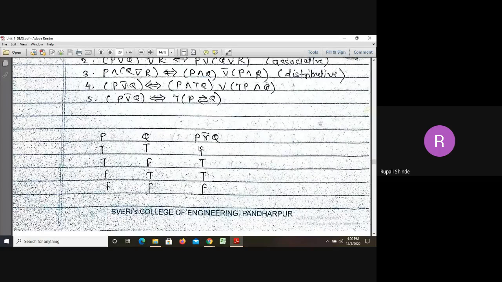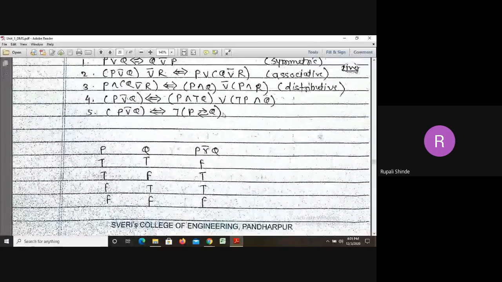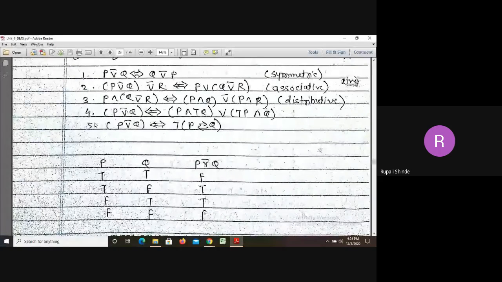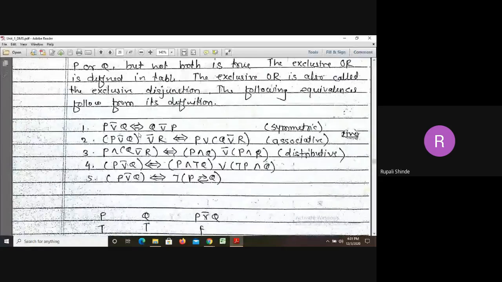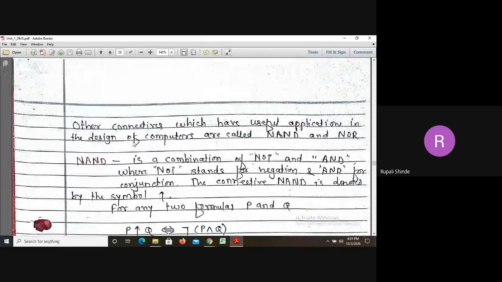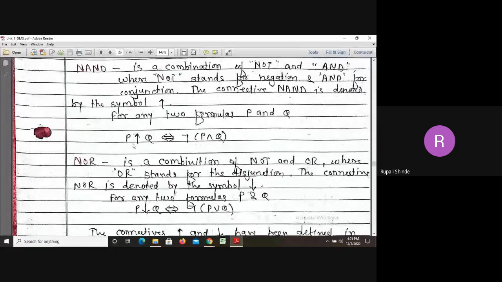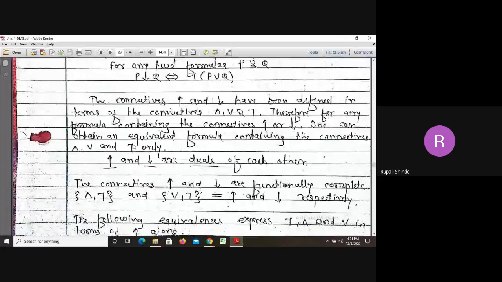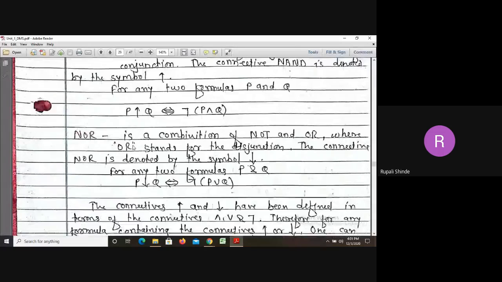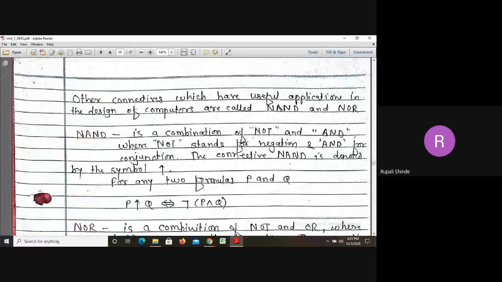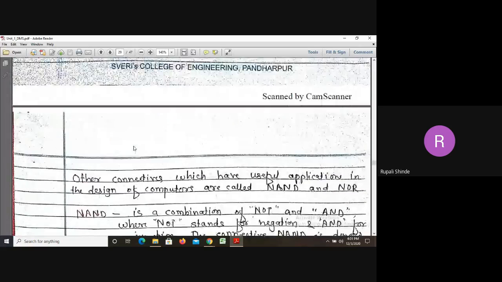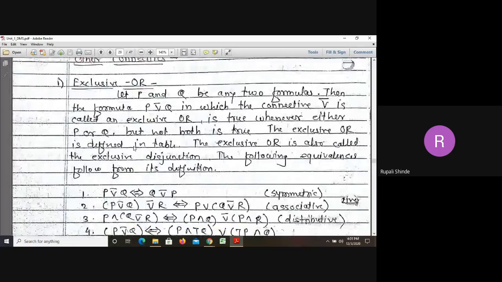This is equivalent to negation of P biconditional Q. That's why this fifth formula we have written. Okay, now just two connectives are remaining, that is NAND and NOR, that we will see next lecture.